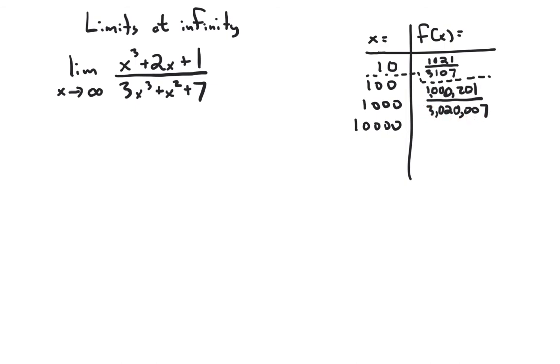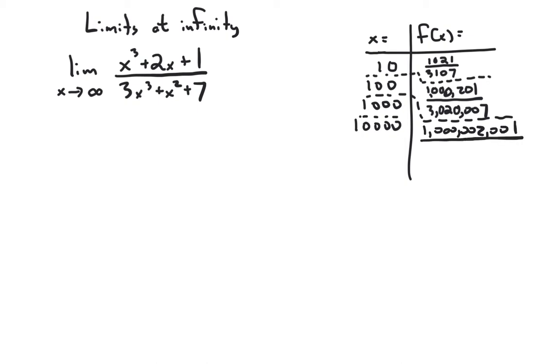We can even do one more. So if I plug in x equals 1,000 into this, what am I going to get? Well, I'm going to get 1,000 cubed, which is 1,000,000,000, and then 2,001 in my numerator.